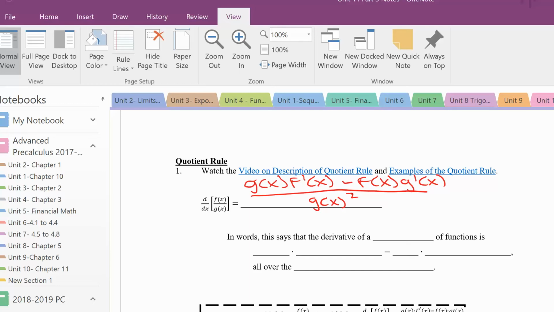In other words, it says the derivative of a quotient of functions is equal to g of x times f prime of x minus f of x times g prime of x, all over the square of g of x.